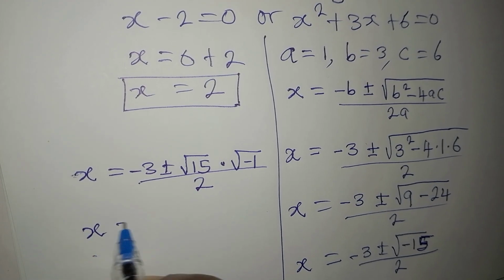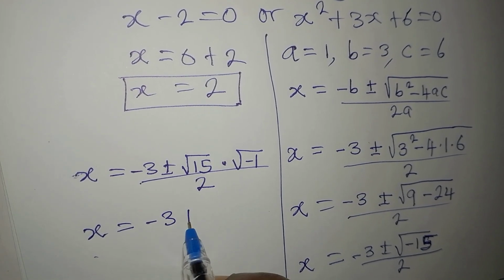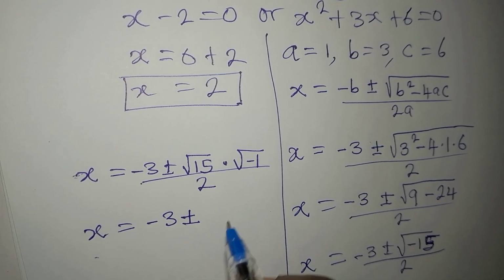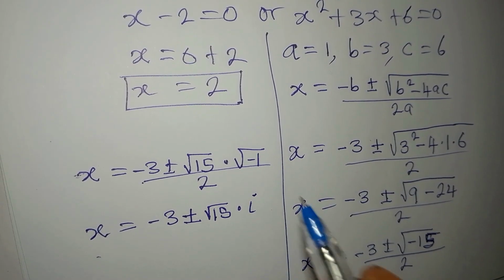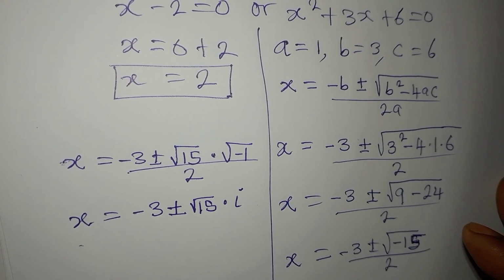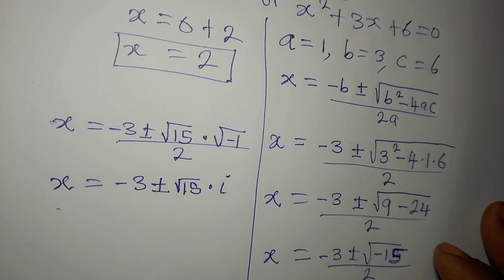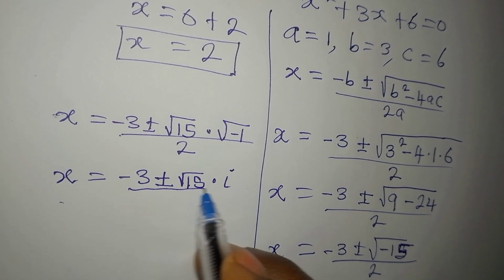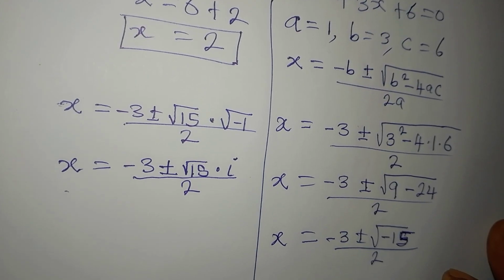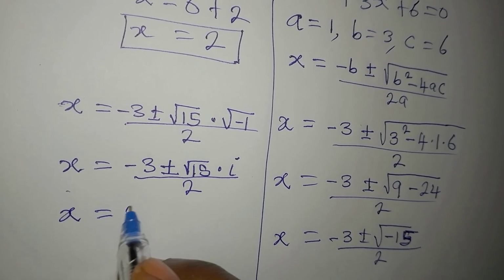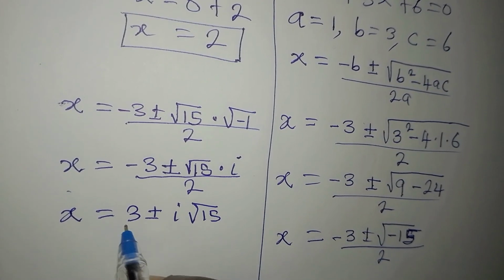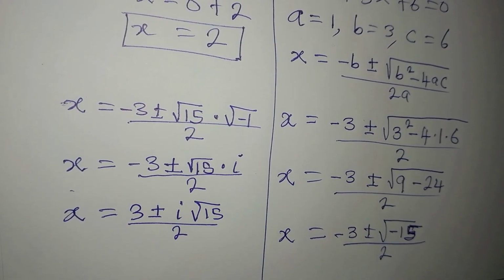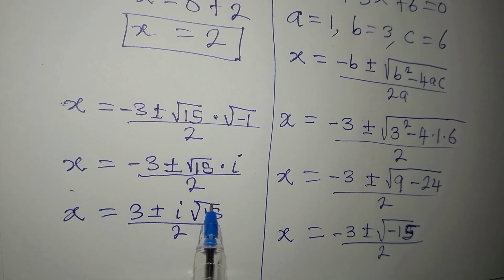Now, our x is minus 3 plus or minus square root of 15 multiplied by i. Square root of negative 1 is imaginary, so we write i over there, so that we divide everything by 2. And what does this mean? This means that our x is equal to minus 3 plus or minus i root 15 divided by 2. We can decide to write i first before writing the root, so that it will not appear to be under the root. This is what it is.